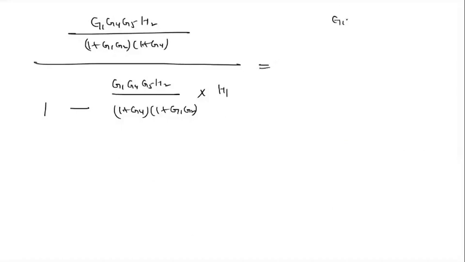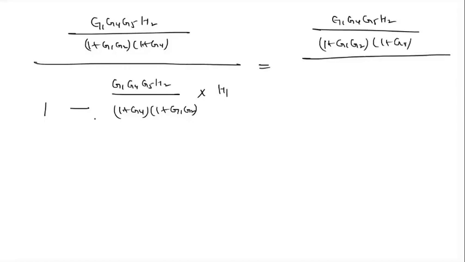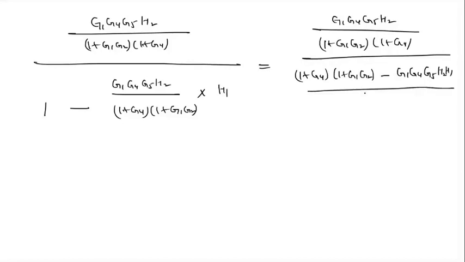If you do the LCM, the numerator will be as it is: G1, G4, G5, H2 by 1 plus G1 G2 into 1 plus G4. By, if you take the LCM, 1 will be multiplied with this one. So I will write 1 plus G4 into 1 plus G1 G2 minus G1, G4, G5, H2, H1 by 1 plus G1 G2 into 1 plus G4.